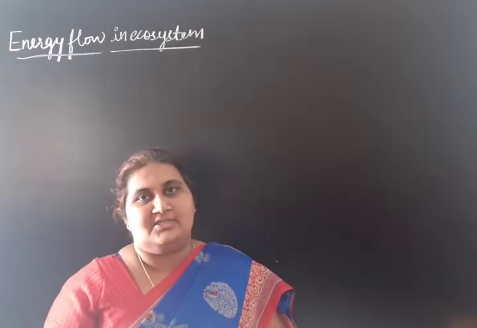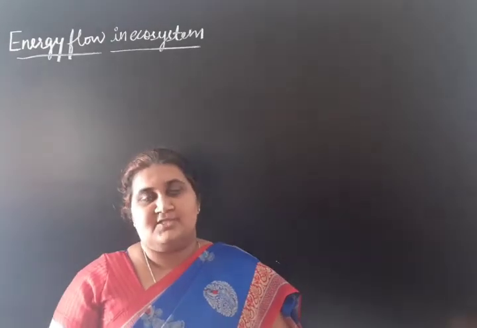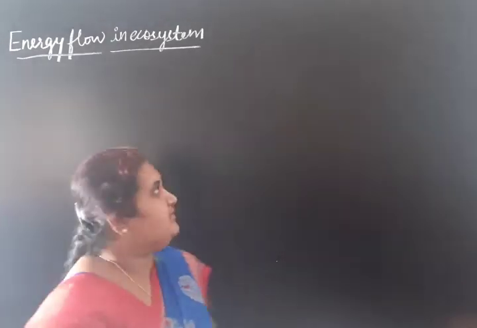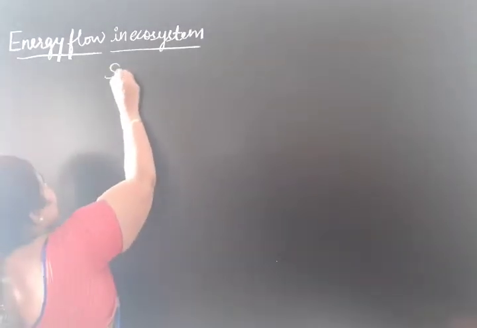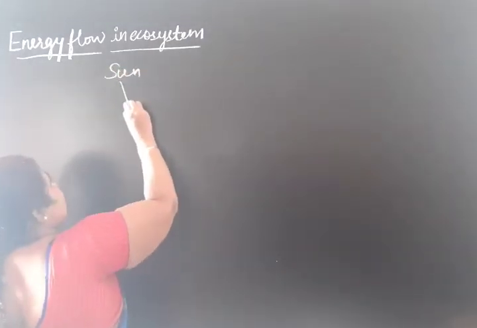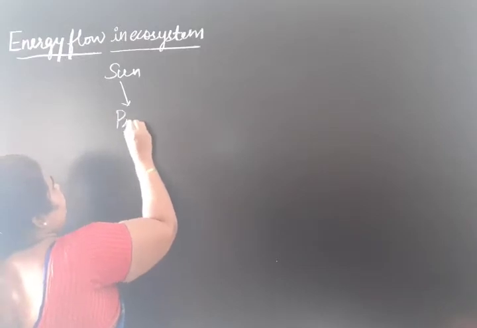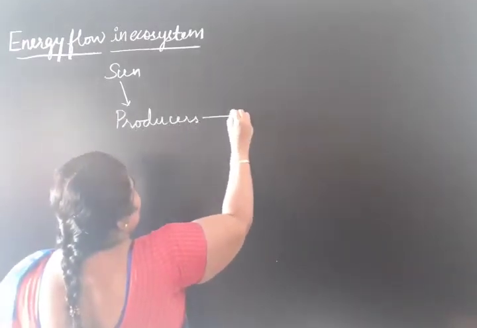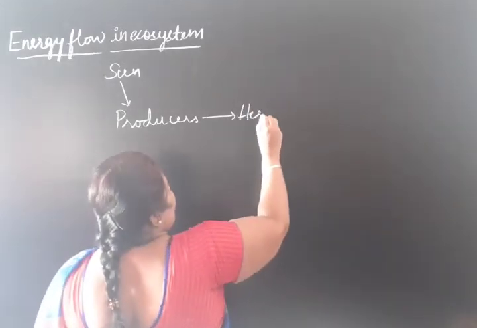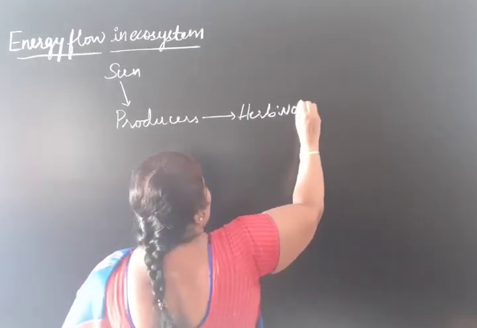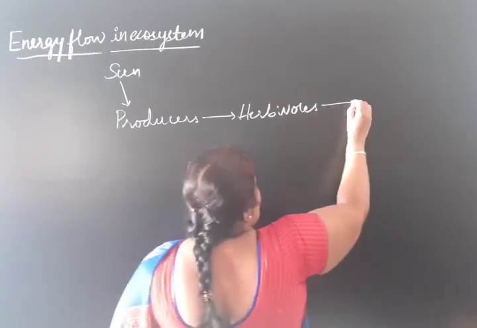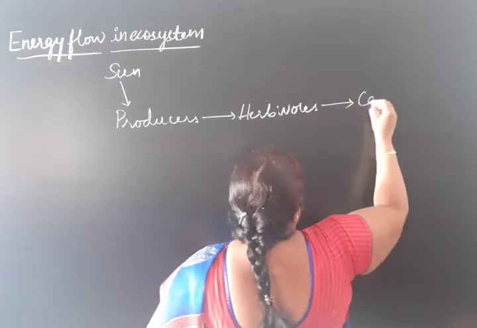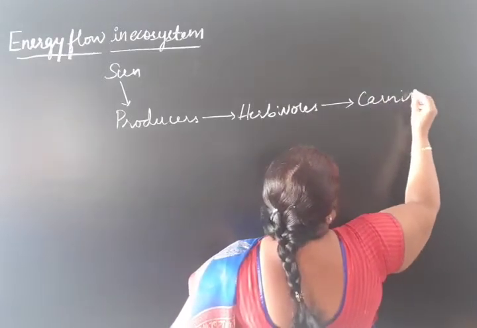Only in one direction the energy flows, that is from the sun to producers, from producers to herbivores, and from herbivores to carnivores.